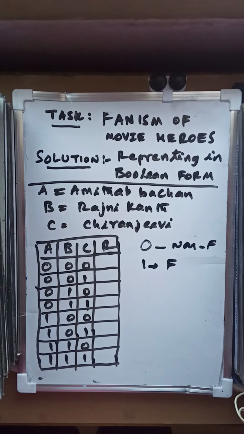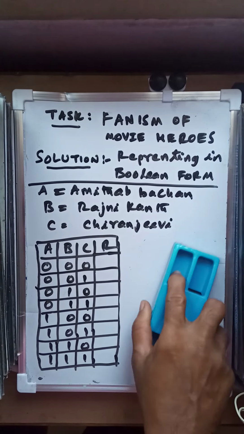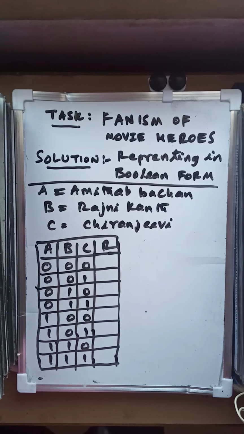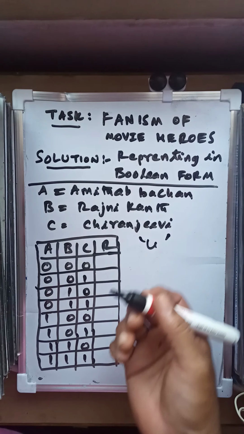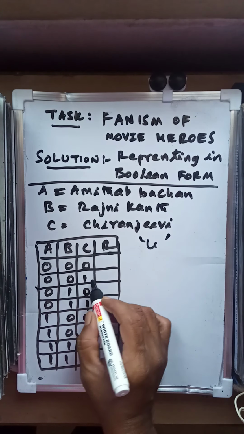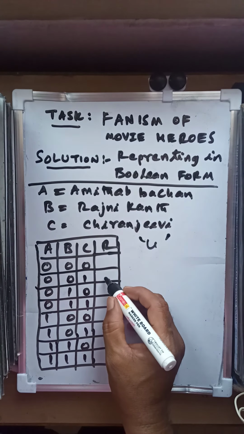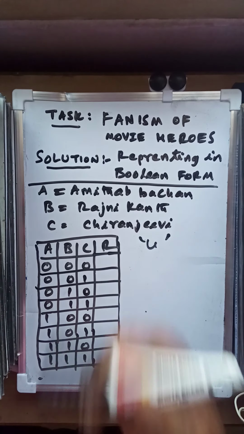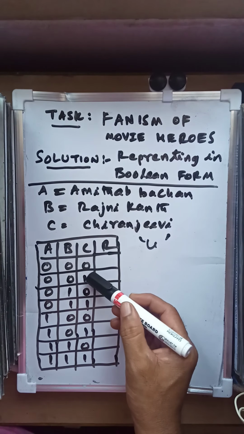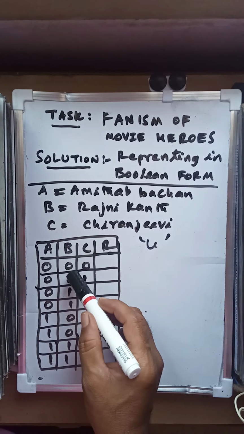So let us write how the Boolean function will be. For example, consider I am a fan of Chiranjeevi. Here we select the combination where the person is a fan of only Chiranjeevi, not a fan of Amitabh Bachchan, not a fan of Rajnikanth.